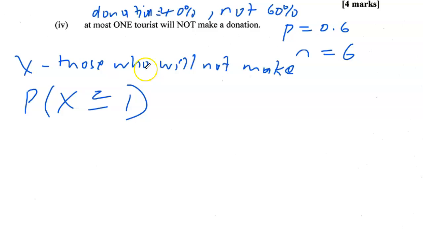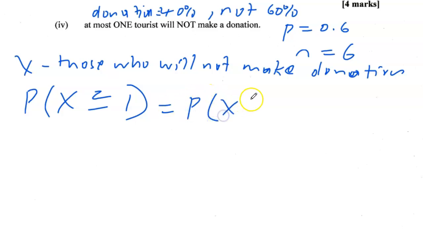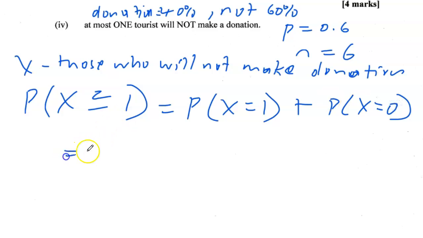And the probability of that happening with one person is 0.6. So what are the numbers that are less than or equal to 1? 1 or 0.